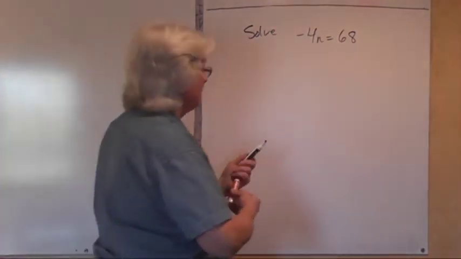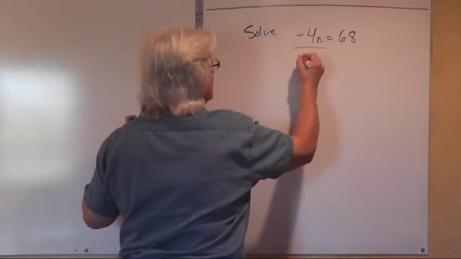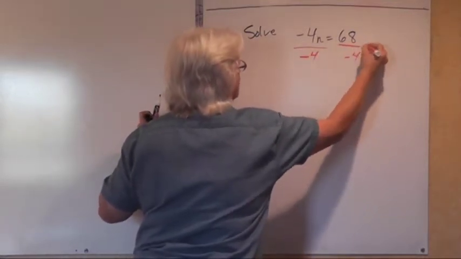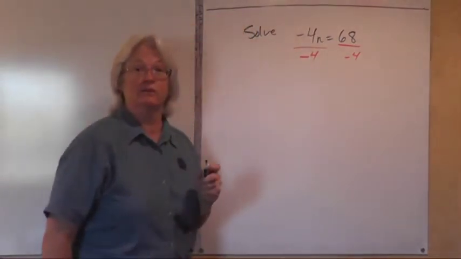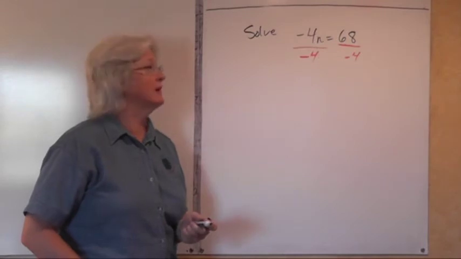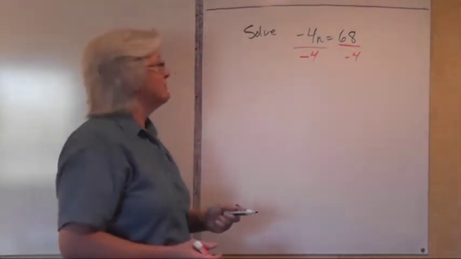So we're going to apply the inverse operation, which is division. We're going to divide by the same quantity by which it has been multiplied, which is negative 4. Both sides of the equation we have to divide by the same value to keep our equation in balance.